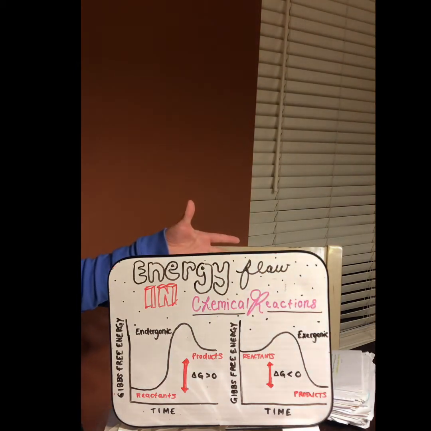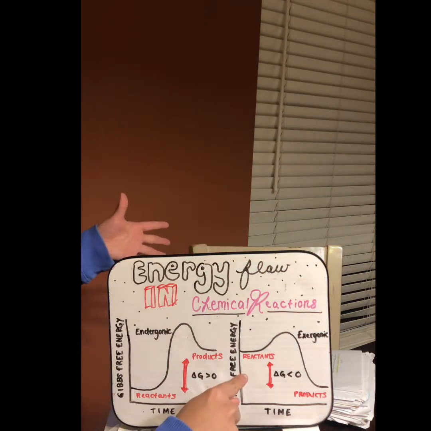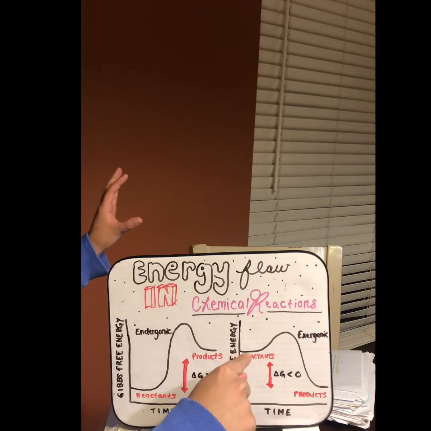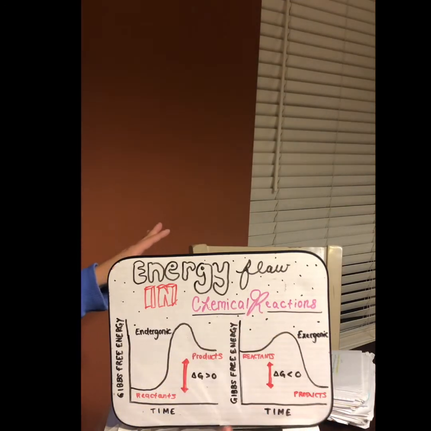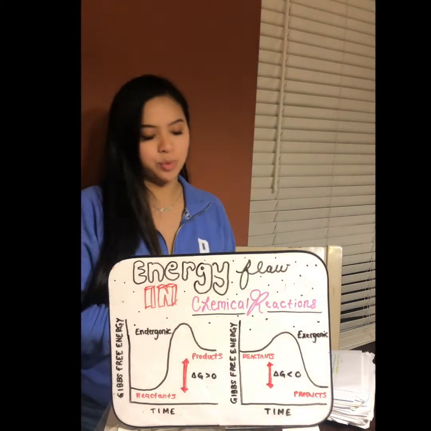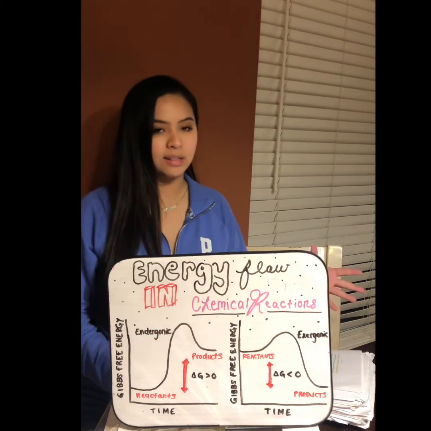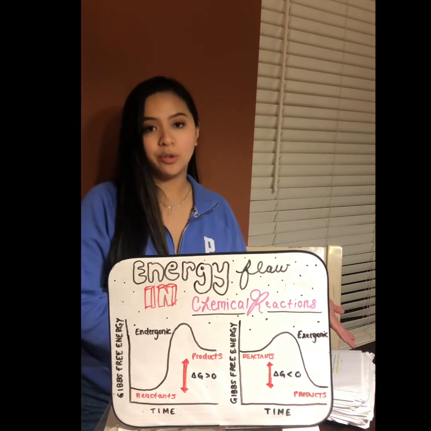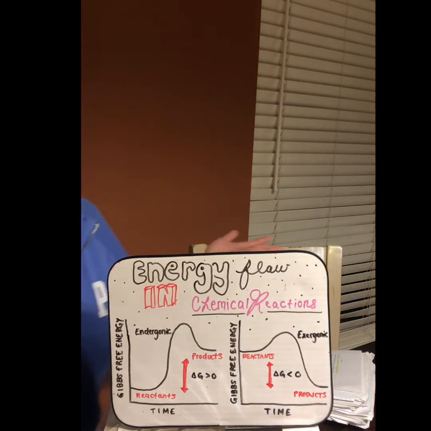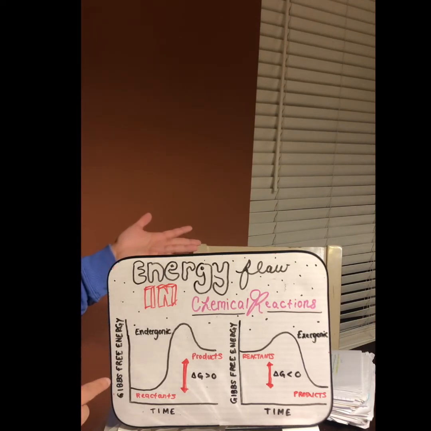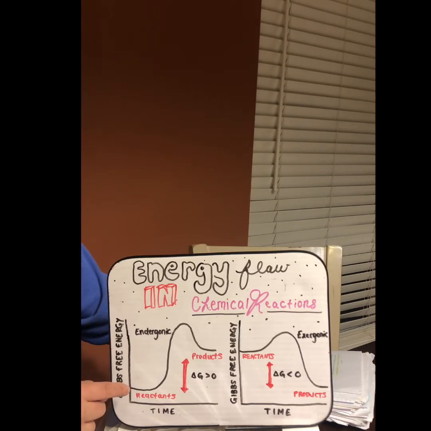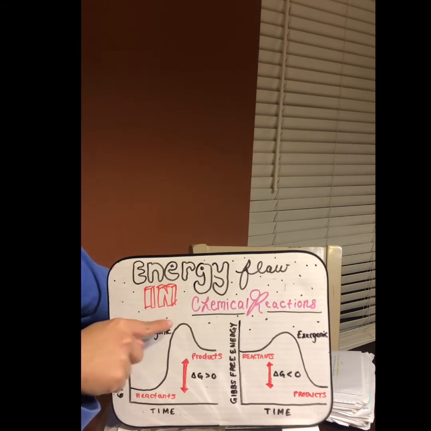In this graph, it shows that the reactants are giving off energy to produce the products, while endergonic is energy absorbing, so the products contain more potential energy in their chemical bonds than did the reactants. So it requires energy, it's anabolic. As you can see here from the endergonic graph, there's more potential energy in the chemical bonds of the products than in the reactants.